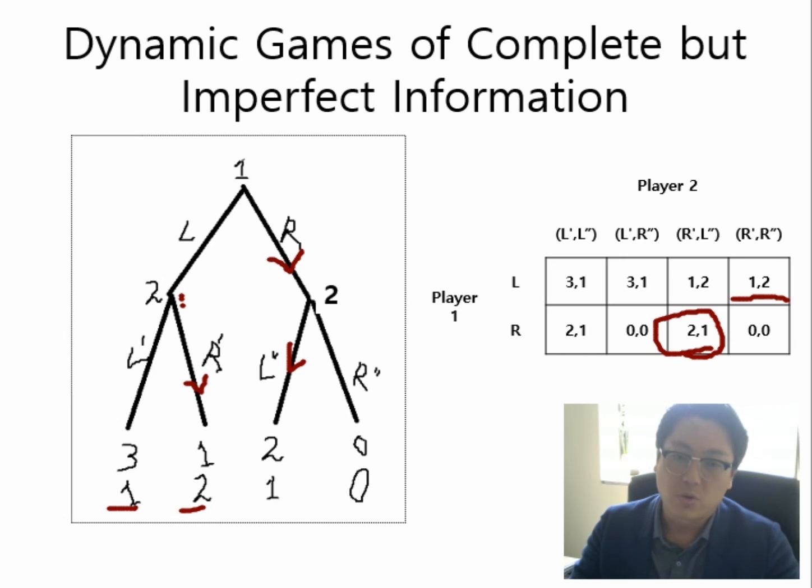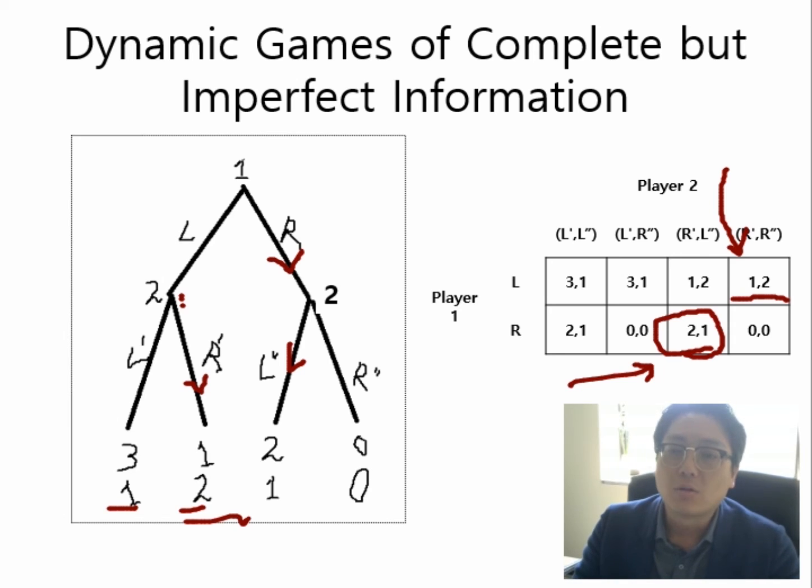So the first player will stick to playing R, and the second player will play R' and L''. So in some sense this is a credible Nash equilibrium, but this is not a credible Nash equilibrium. We need to distinguish that.